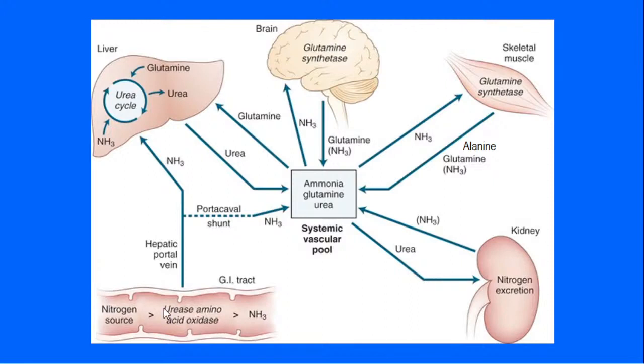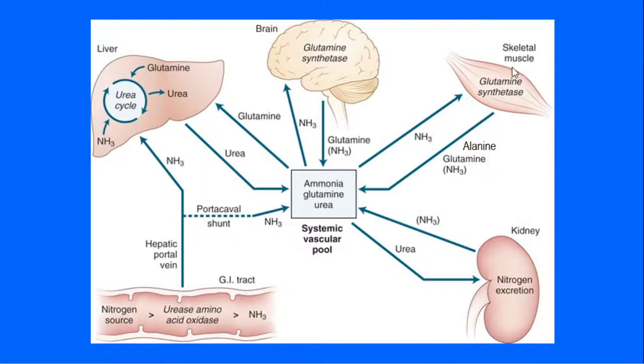The nitrogen sources are coming from the intestine, and also free ammonia coming from the gastrointestinal tract, produced by the microorganisms' urease. Then the kidney, which does excretion of urea and also excretion of ammonia.